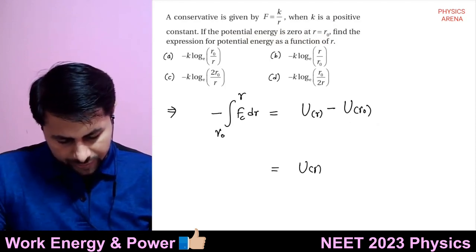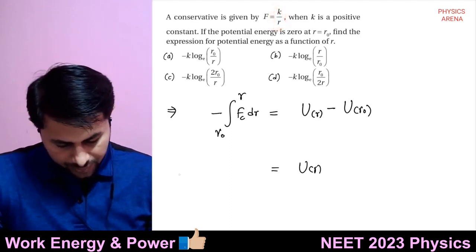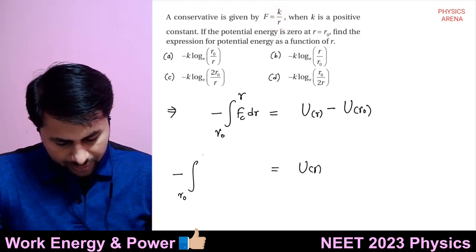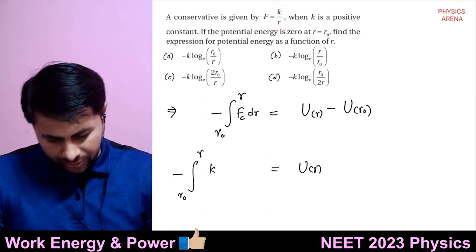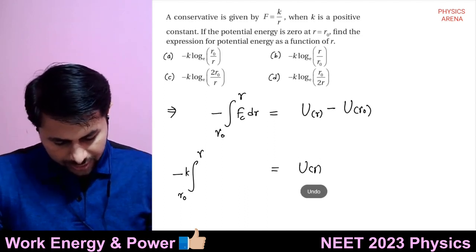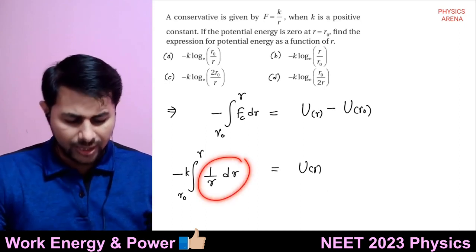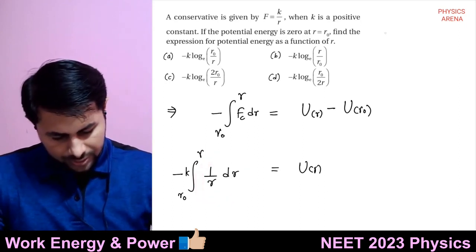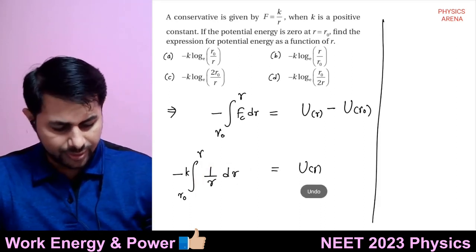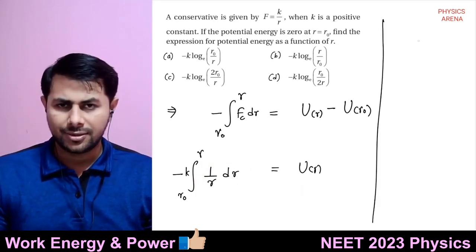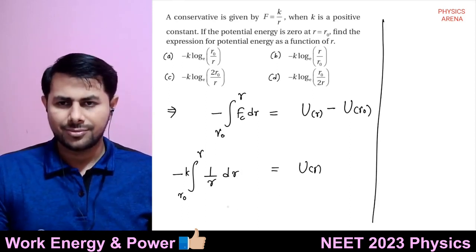So what is that conservative force? It's K by R. So minus of the integral from R naught to R of K by R. K you can take out because it's a constant. 1 upon R dr. And what is the integral of 1 upon R? It is log R, right? Everybody knows this? Yes, sir.